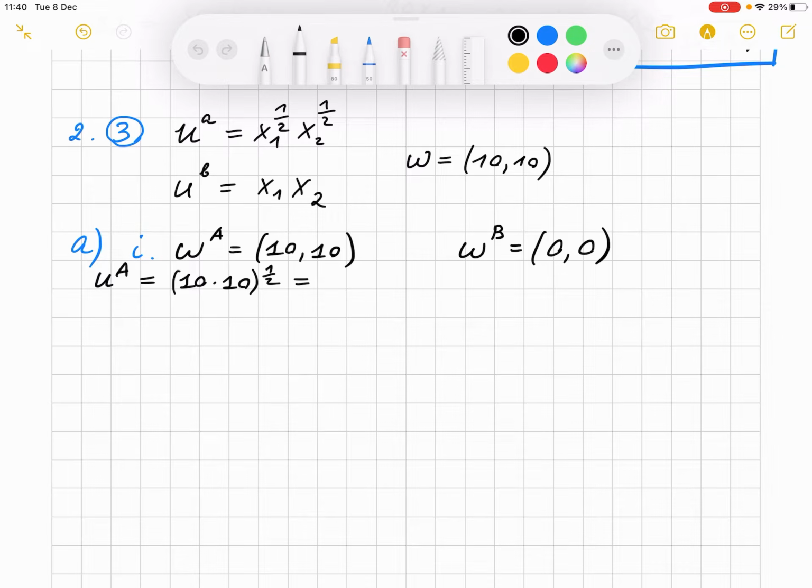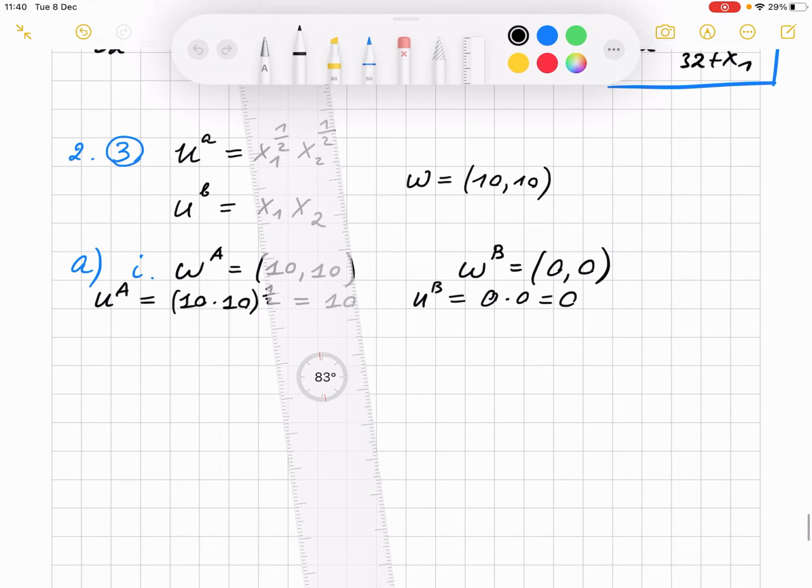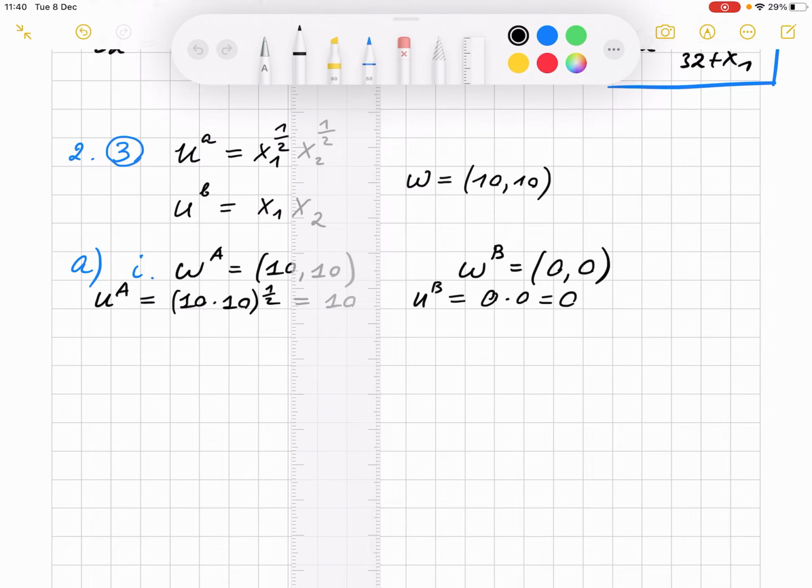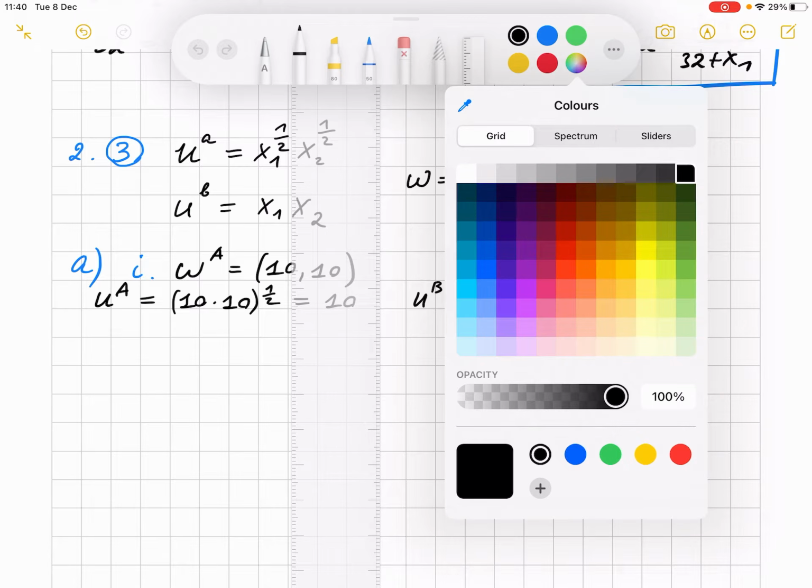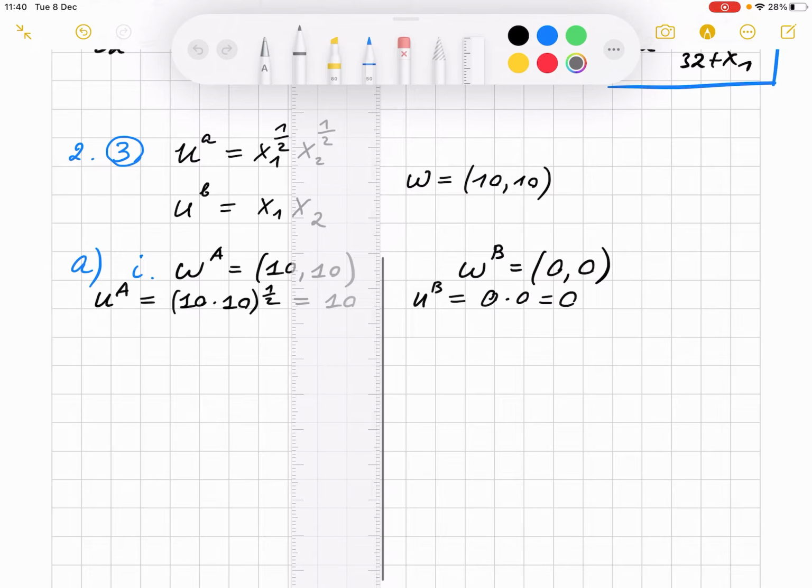And so we see that utility of agent A will be 10, and utility of agent B, so again you just have to substitute this allocation 0, 0 into his utility function, and so it's going to be 0 times 0, which is 0. Okay, I'll just divide here into 2. Okay, so that was the first case.